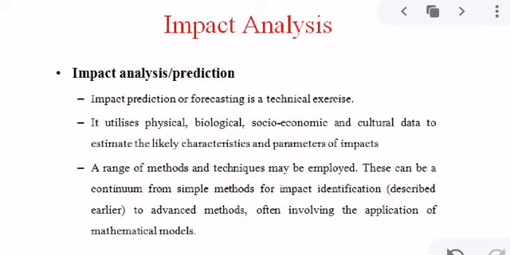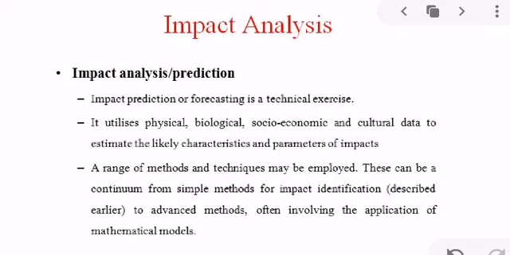And now let us discuss impact prediction, the second stage. The first phase was identification, which we have already discussed. Now let's go to impact analysis or impact prediction.